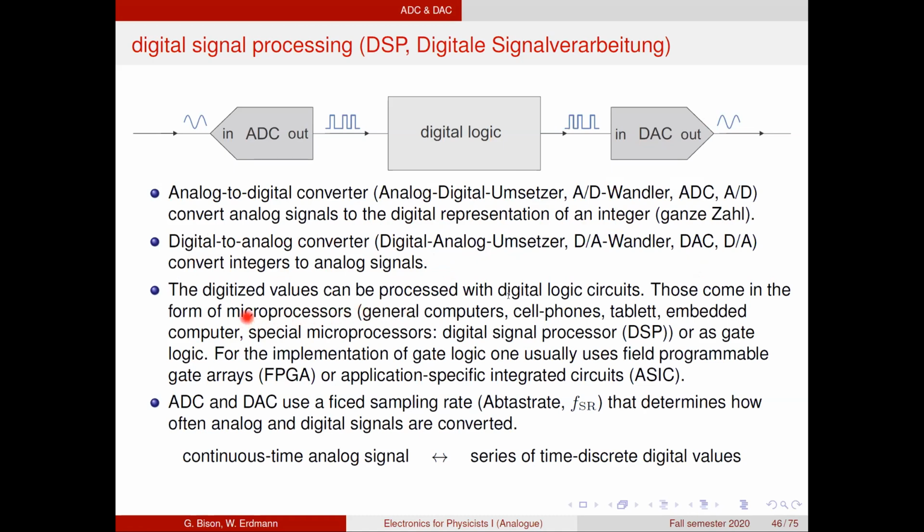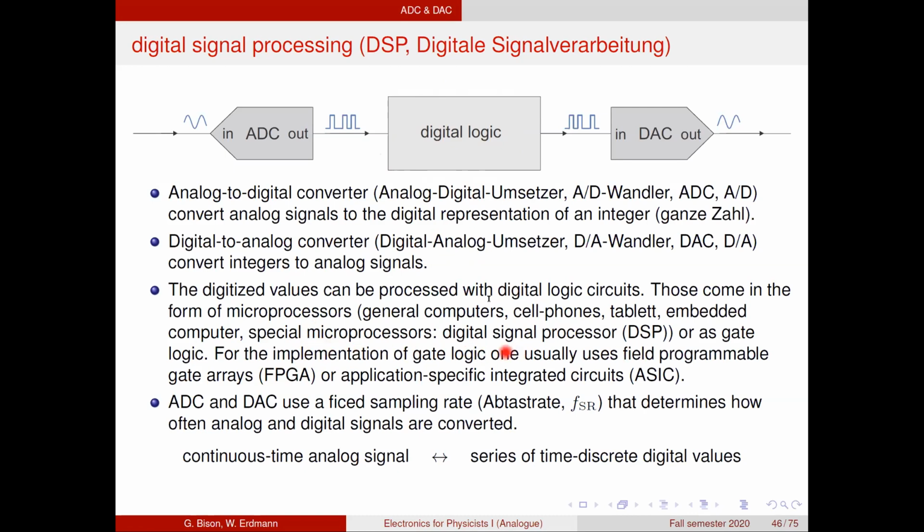The digitized values then, of course, can be processed with whatever digital logic you want to put in between here. And this will be the subject of next semester's electronics for physicists. There are many possible digital things you can have in between here, like microprocessors, special embedded processors, signal processors.